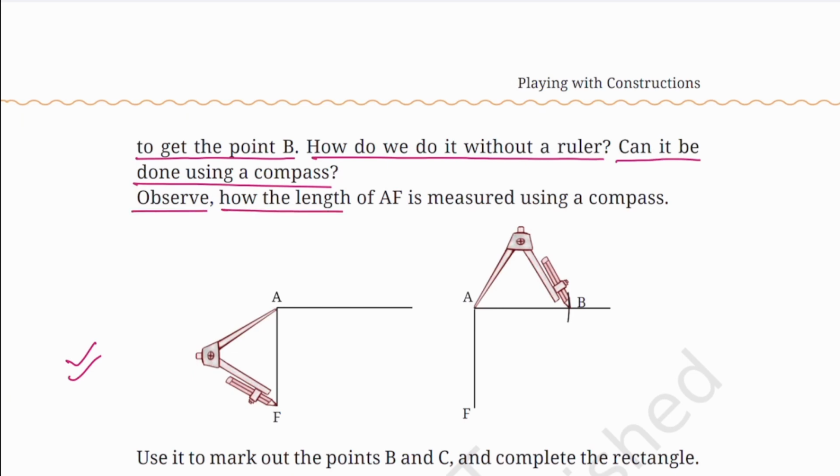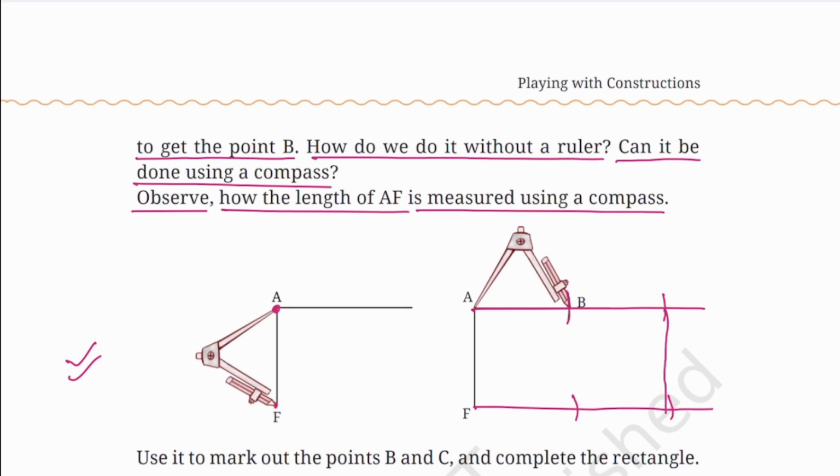Observe how the length of AF is measured using a compass. You can see here that the distance between the tip of the pencil and the tip of the compass is equal to length AF. After drawing perpendiculars to A and F like this, you can draw arcs of length AF like this.